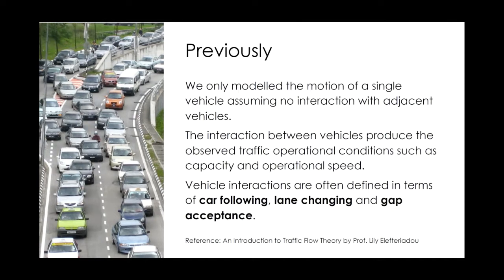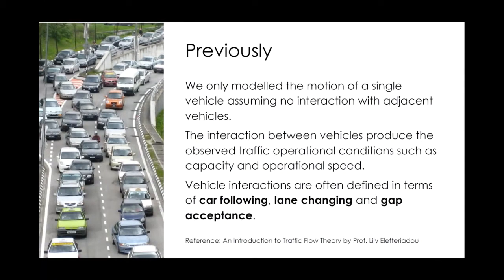Without interaction between cars, if it is a single vehicle alone driving on a road, there's no traffic. But as soon as we have multiple cars sharing the road, we'll start seeing some traffic phenomena happening, whether it's speed drops or capacity drops that we'll talk about later in this course.